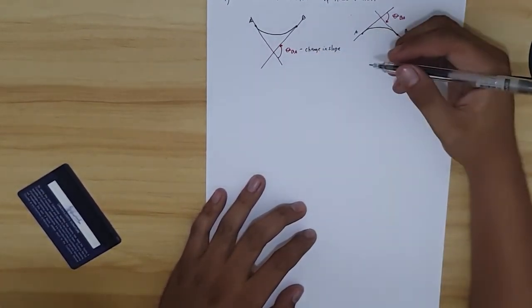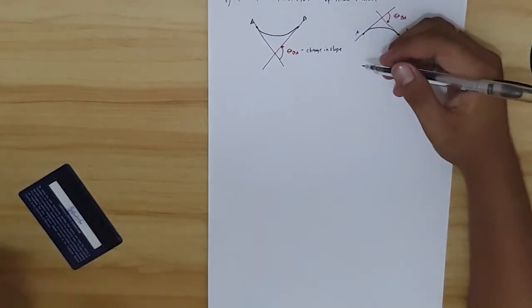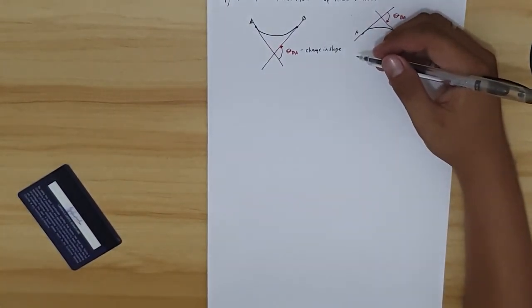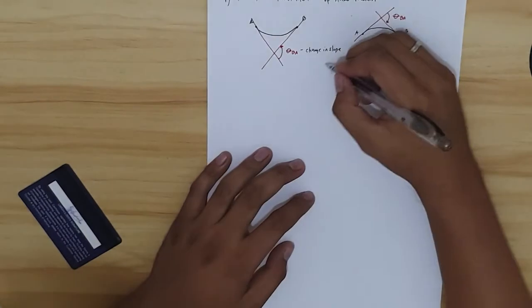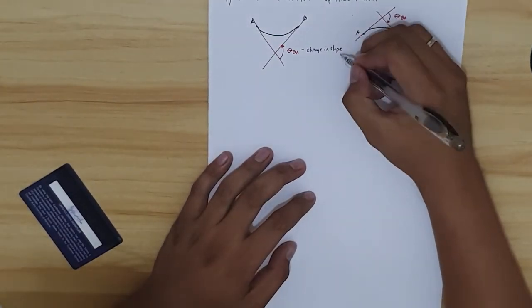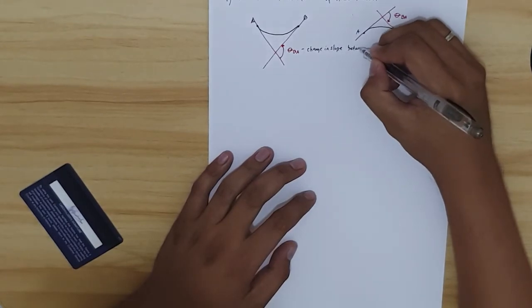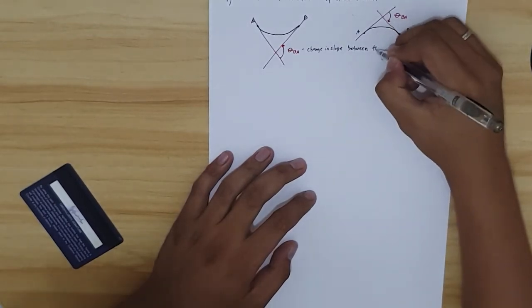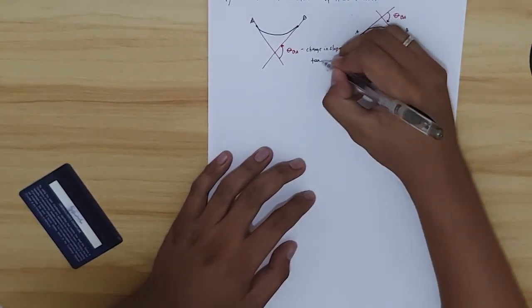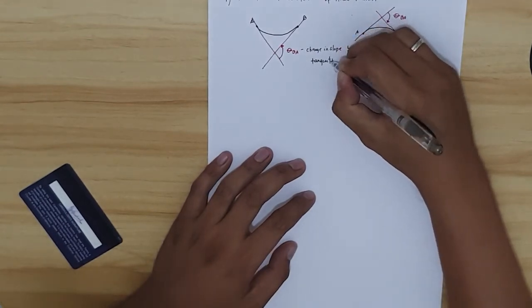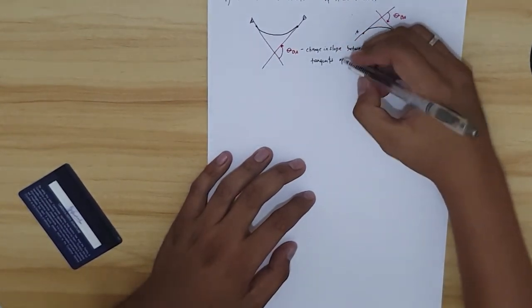So what is this? This is my change in slope. The change in slope between the tangents of the elastic curve.